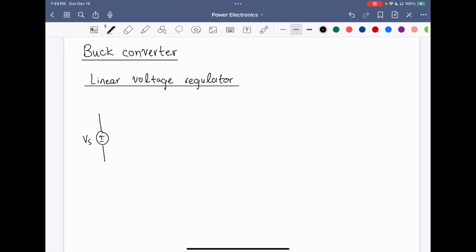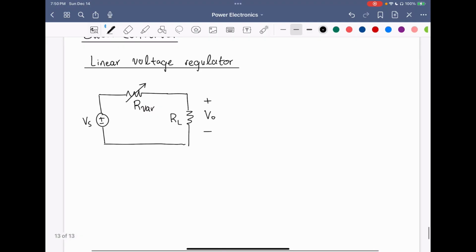We have a voltage source Vs, and then a variable resistor, let's call it R var, and then a load resistor, RL. And the output voltage, VO, is taken across the load resistor, RL.